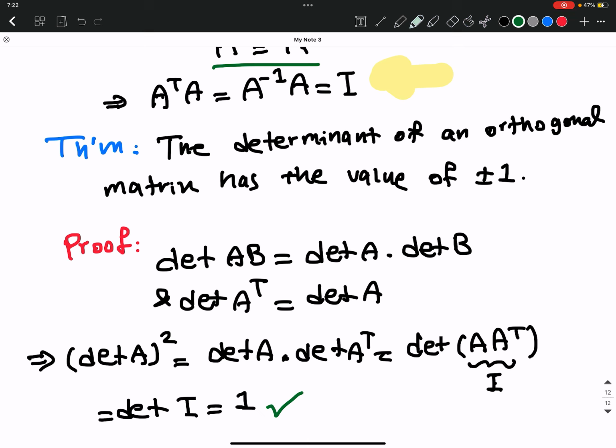Okay, so this was a brief overview of all these simple and overall preliminary definitions of matrix operations.